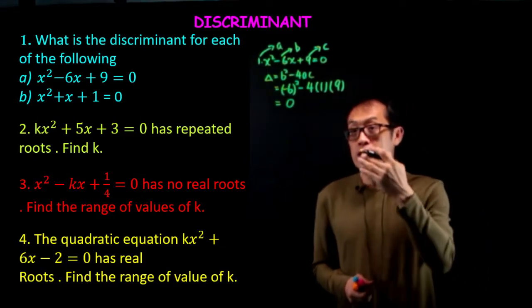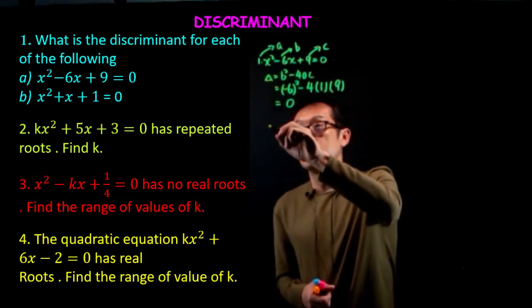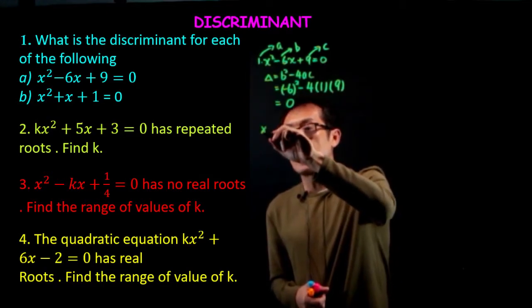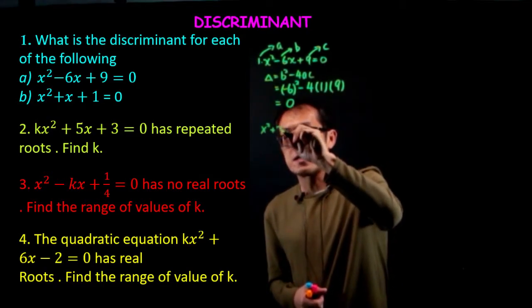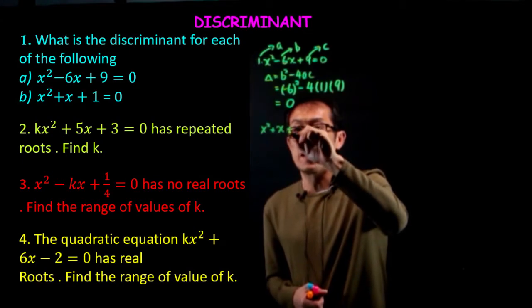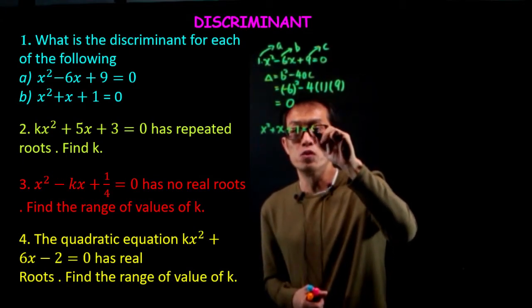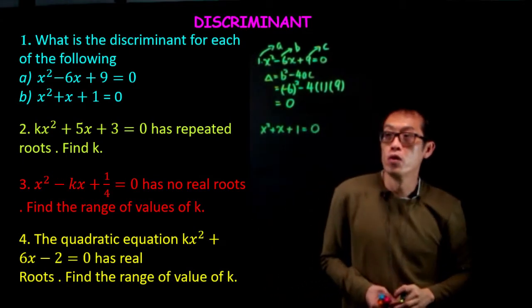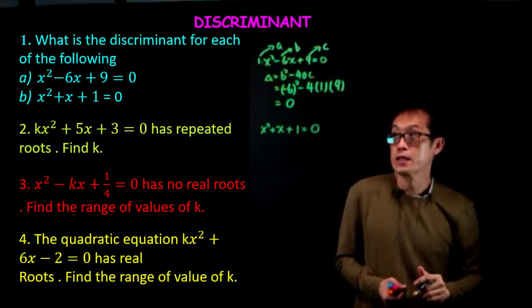Now, the next one. You are given x squared plus x plus 1 equals 0. So what is the discriminant?